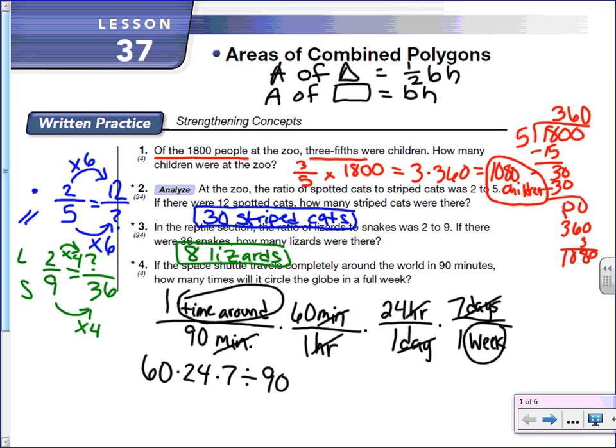So if I put this into a calculator, and this is a pretty big number, so you could do this on a calculator, I get 112 times around per week.